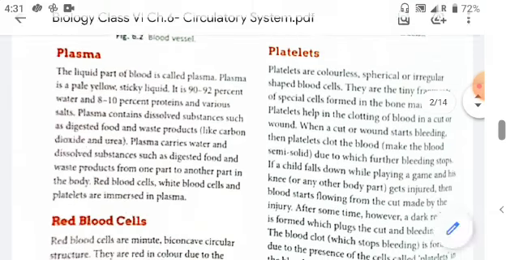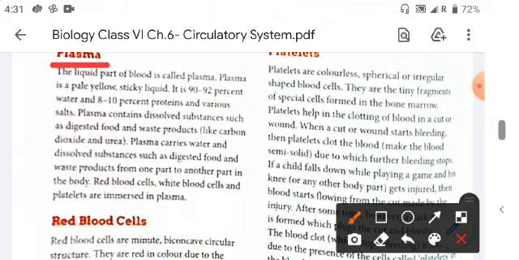The blood consists of a maximum portion of plasma. The plasma is about 55% of the blood, and it is a yellow sticky liquid, and it consists of 90 to 92% water and 8 to 10% proteins and various salts.